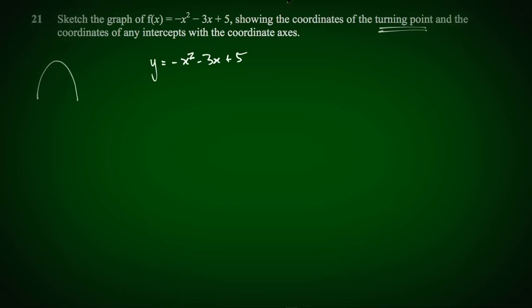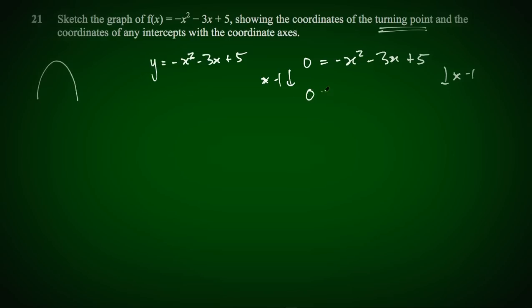Factorizing this to find the roots, we could say 0 equals minus x squared minus 3x plus 5. And then just to find the roots, I'm going to multiply both sides by minus 1, because I'd rather see 0 equals positive x squared rather than negative.